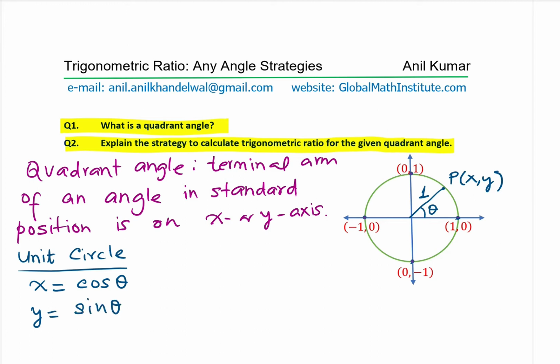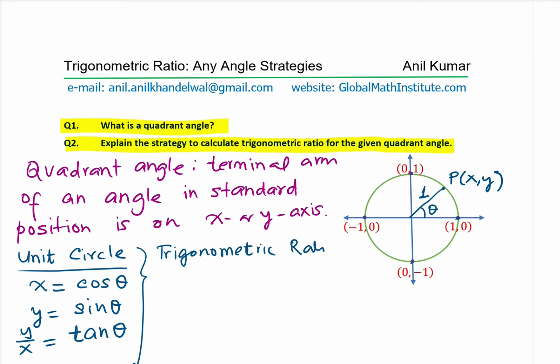And what is tan theta? The ratio y over x is tan theta. Now on a unit circle, very easily from the point itself we get the value of trigonometric ratios. So that is how you calculate the value of trigonometric ratios. Is that clear to you?